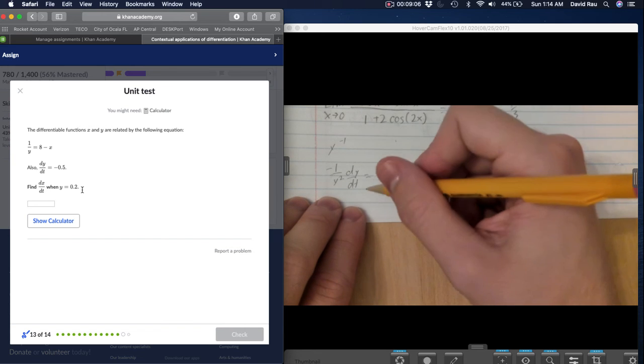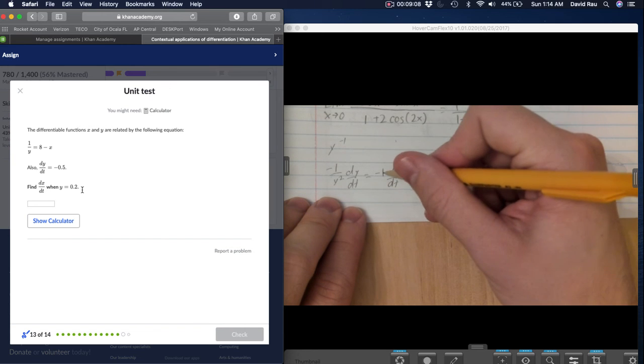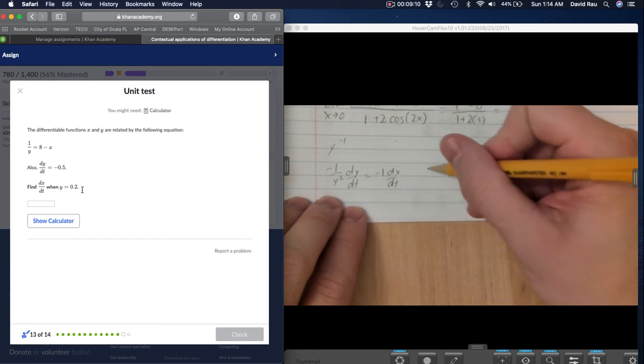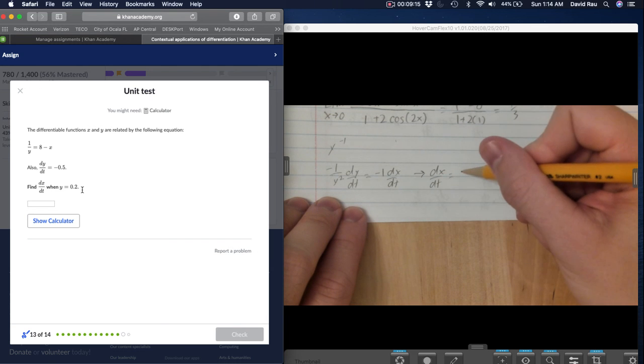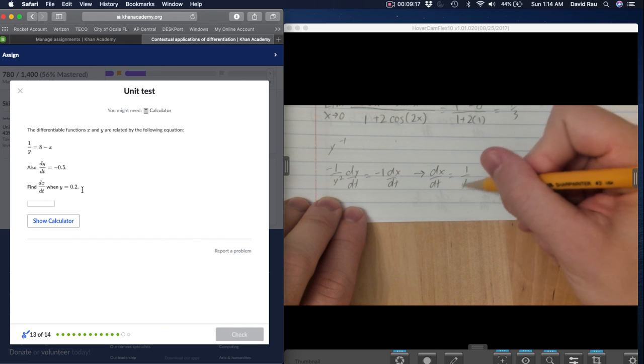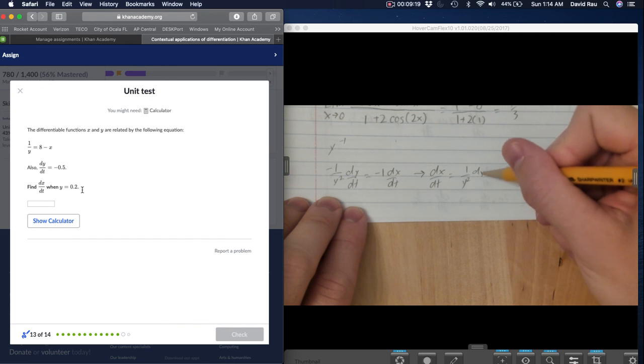So again, the question is find dx/dt. Well, technically, I just need to multiply everything by a negative, and I'll get dx/dt by itself once I solve for positive 1 over y squared dy/dt. And we just have to plug in y as 0.2.